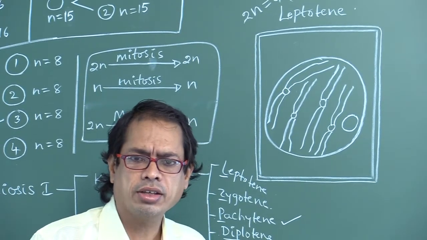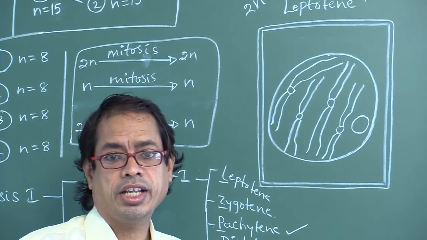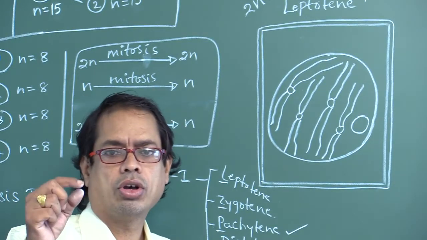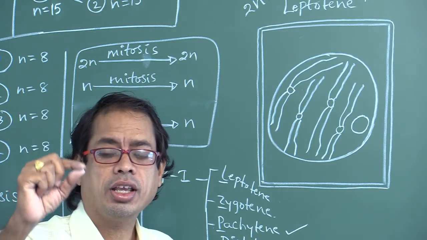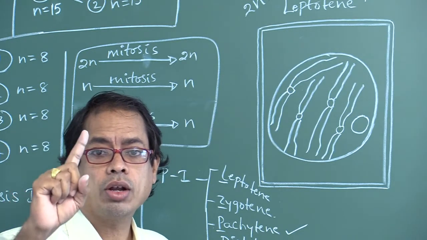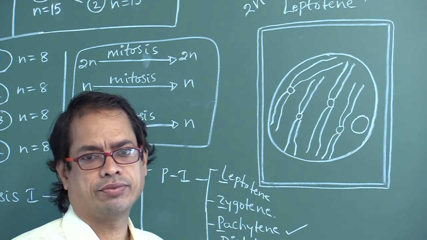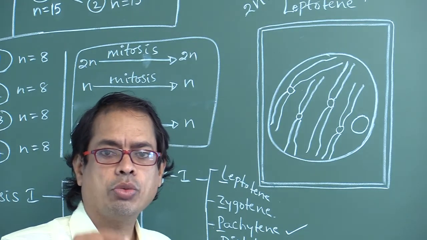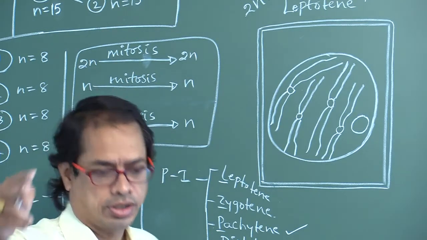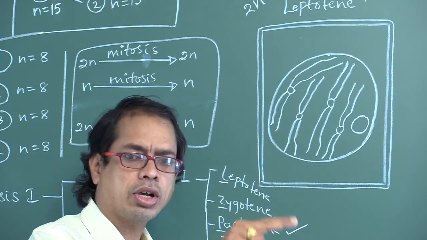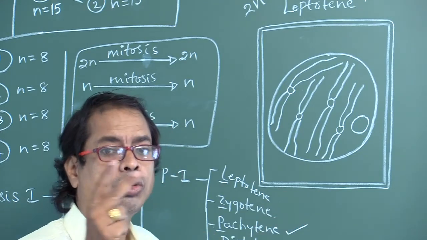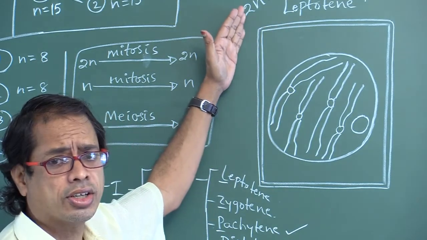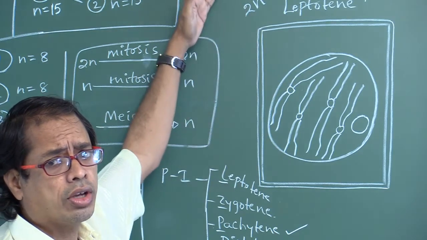DNA duplication, also called DNA replication, occurs in S phase. The G1 phase has one chromosome with one chromatid, whereas the S phase contains each chromosome with two chromatids. G2 phase also contains each chromosome with two chromatids.